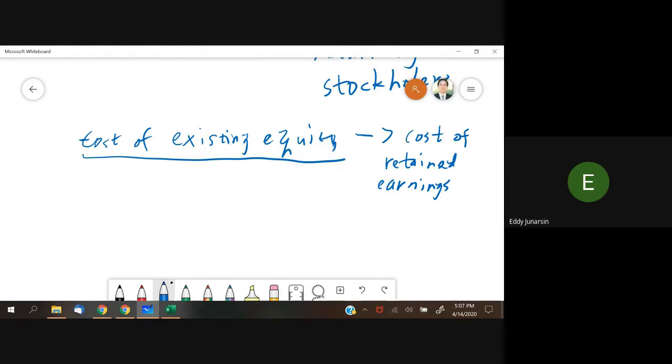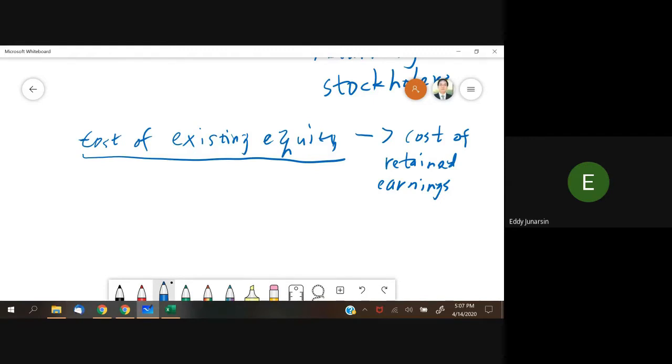You see, right? So the retained earnings that we are going to use are not free because they are supplied by people who ask for, or even require, results that otherwise should be distributed to them as dividend payments or as stock repurchases.